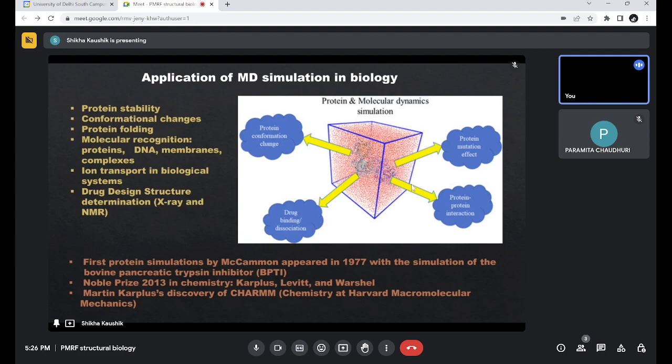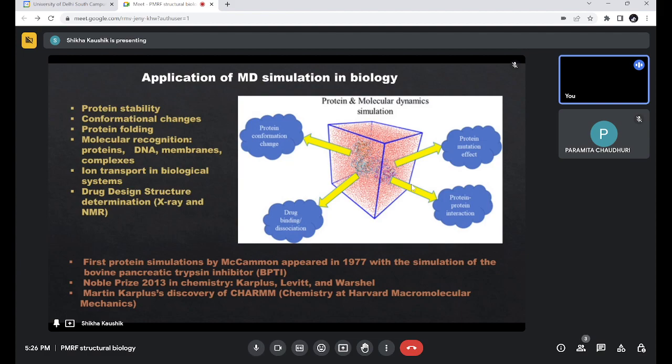It also tells you about ion transport in biological systems, and drug designing can be achieved. You have X-ray and NMR crystal structures that help you understand how you can design a drug against a particular protein. If you talk about COVID-19, when we didn't know what this virus was all about, with the help of molecular dynamics simulation, we could identify possible drug targets or repurposing of certain drugs that can be used to fight COVID.